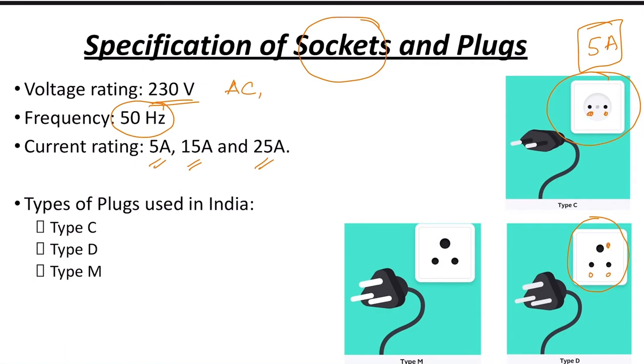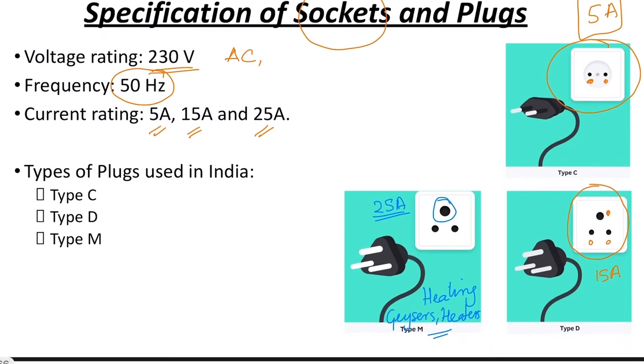So this socket is rated for 15 amperes. And then you have this third socket, which has a slightly bigger hole here. This is the 25 ampere socket, and this is what is known as a heating socket or heating load. In this socket you usually connect geysers, heaters and other loads which consume a lot of energy.